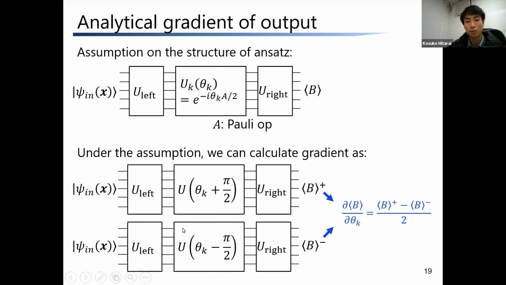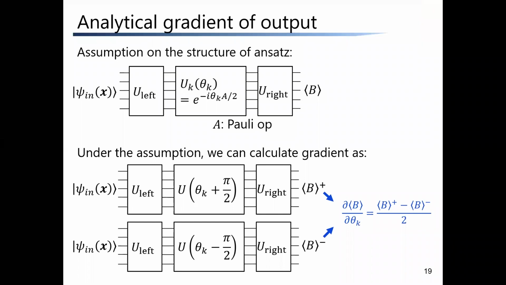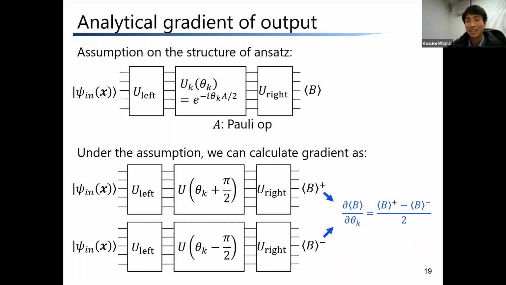That's why we propose this kind of circuit to measure the gradient. Does it make sense? I'll have to check the paper to understand better. Okay, sorry about this.